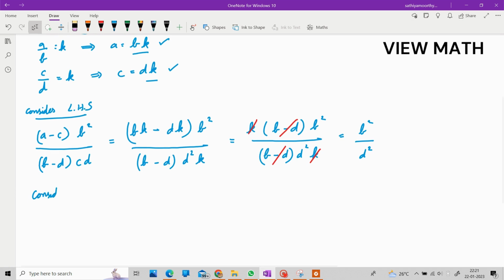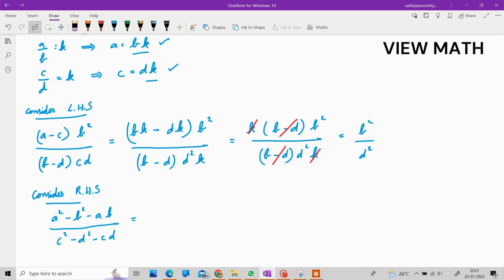Consider right hand side. The right hand side term is (A square minus B square minus AB) divided by (C square minus D square minus CD).